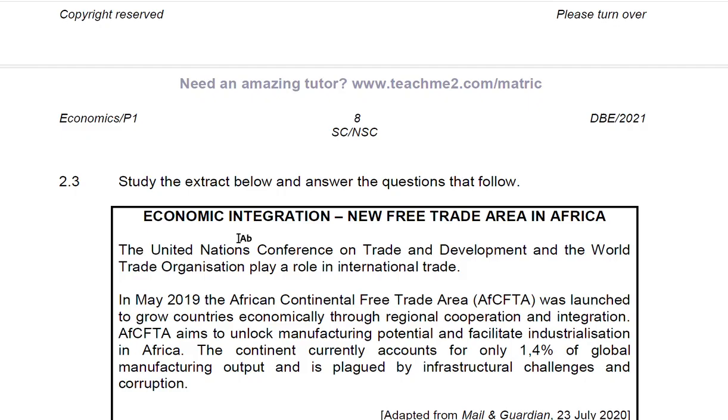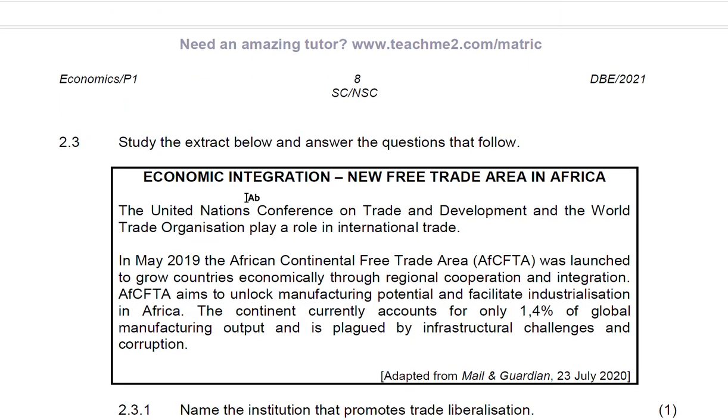In 2.3, again, we need to study the extract below and answer the question that follows. Now, again, candidate, you have to read with understanding whatever you are provided, because it is important for you to respond to the question. So, economic integration, new free trade area in Africa.